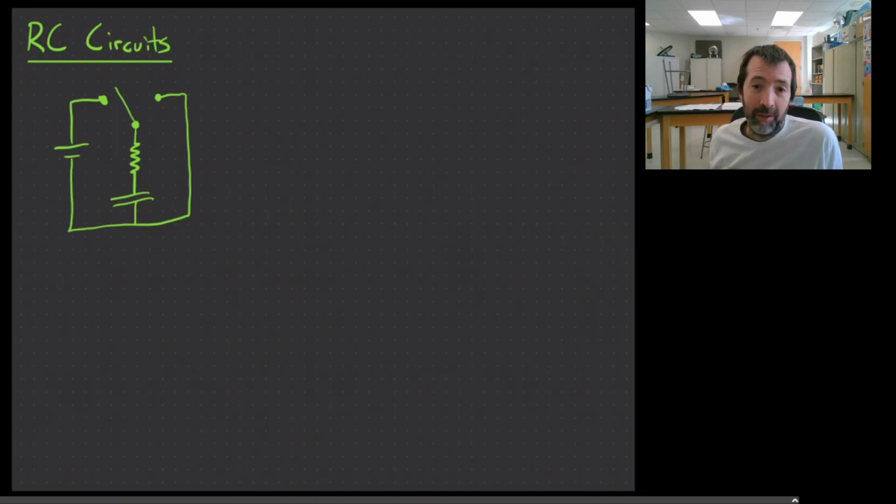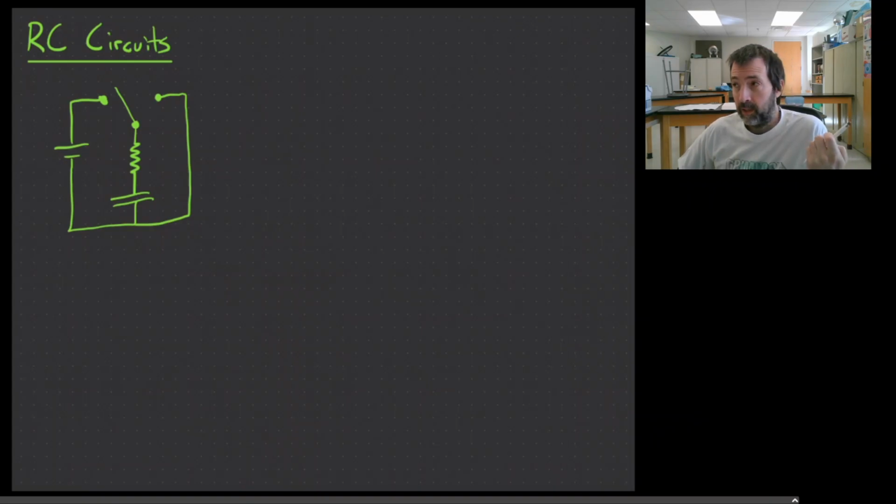What I want to talk about is something called an RC circuit. This is a circuit that contains both resistors and capacitors, unlike the circuits that we've seen so far, which have one or the other. The reason that RC circuits are important is that they have a time-varying behavior, unlike circuits that contain only resistors, where they have an on state and an off state, and they just transition immediately between the two.